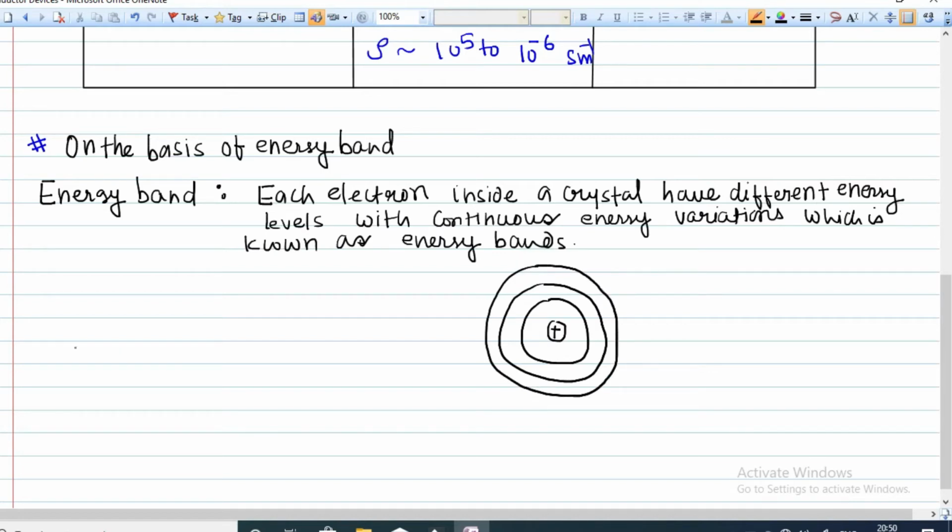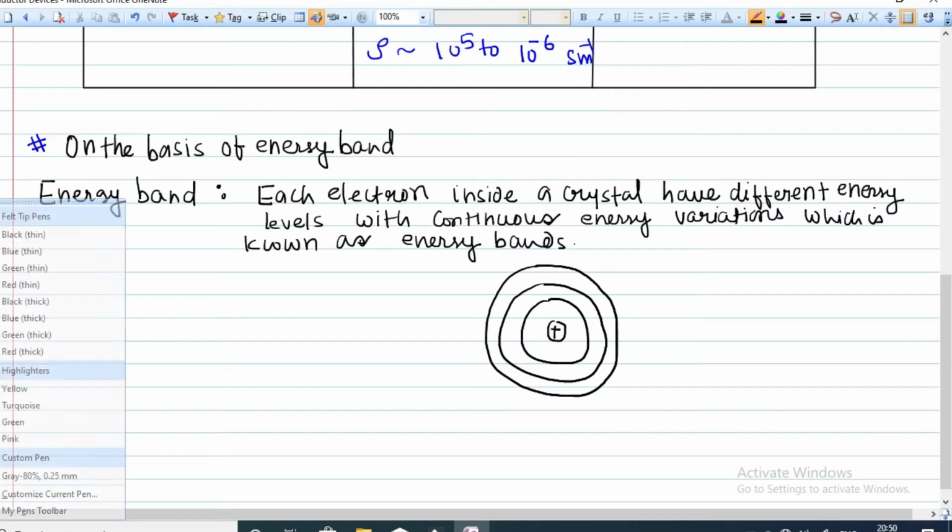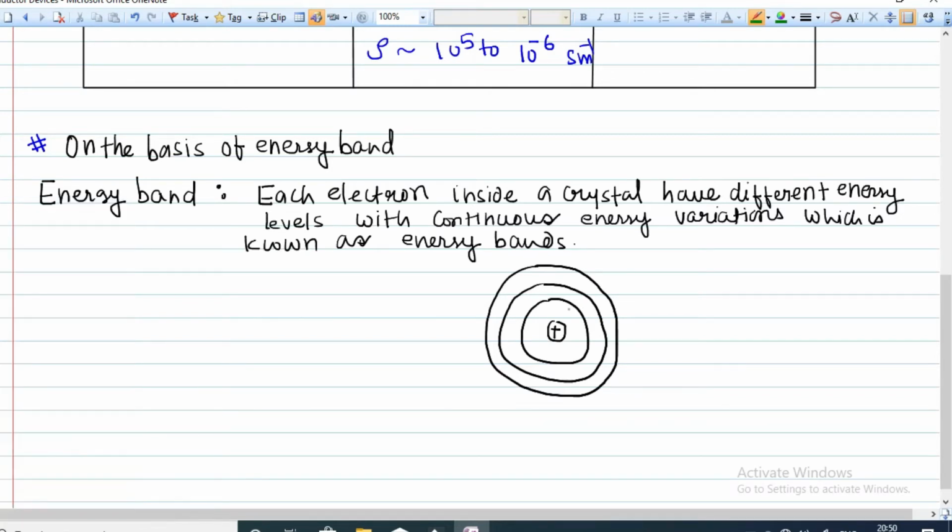The energy of the first orbit is E1, of the second orbit E2, and of the third orbit E3.